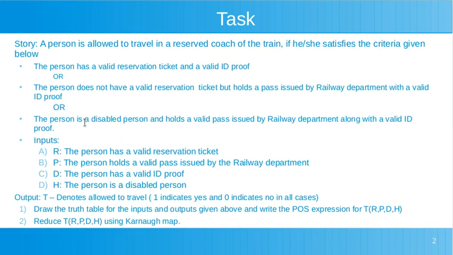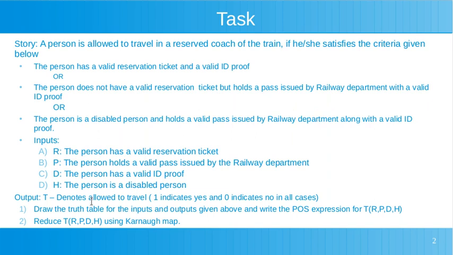Or the person is a disabled person, holds a valid pass by the railway department along with a valid ID proof. So here inputs are: the person has a valid reservation ticket, the person holds a valid pass issued by railway government department, the person has a valid ID proof, the person is a disabled person. So these are the four input values.